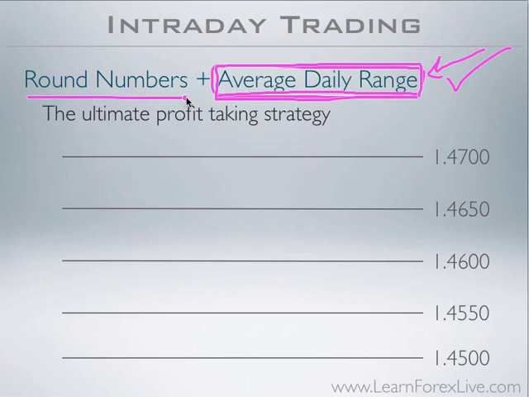And then by blending that statistical average with the round numbers, what we're doing is offsetting the risk on this trade progressively as the trade develops in our favor. Please mind that round numbers are intraday pivot points, intraday levels of support and resistance.